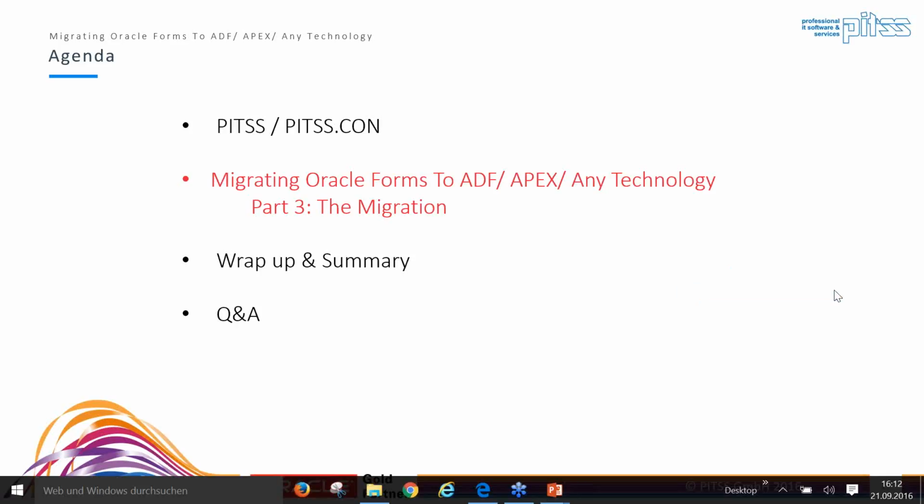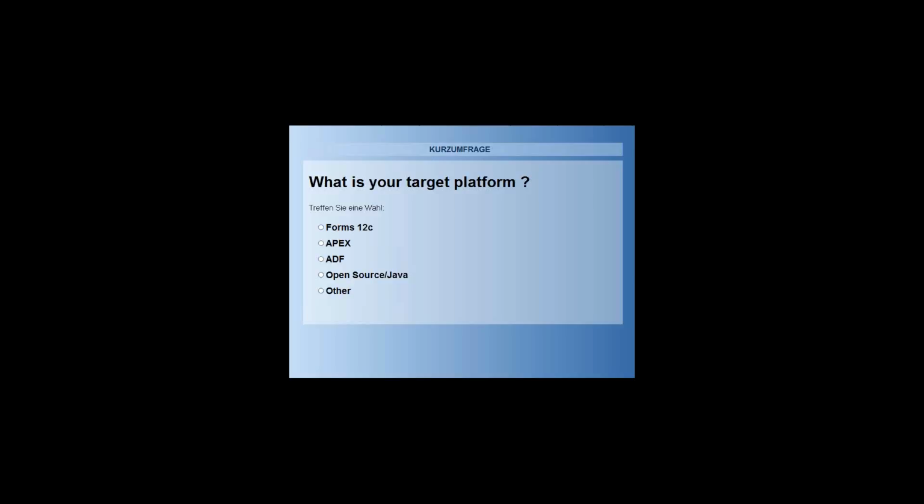I appreciate if you could give us a quick feedback on this poll, talking about your target version, if you consider already a modernization to 12c or Apex, if you think about ADF or any open source Java migration probably planned. Just click. Let it open for another 3 seconds. 3, 2, 1, 0.